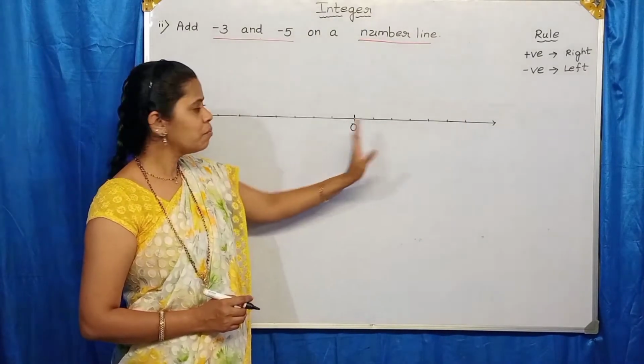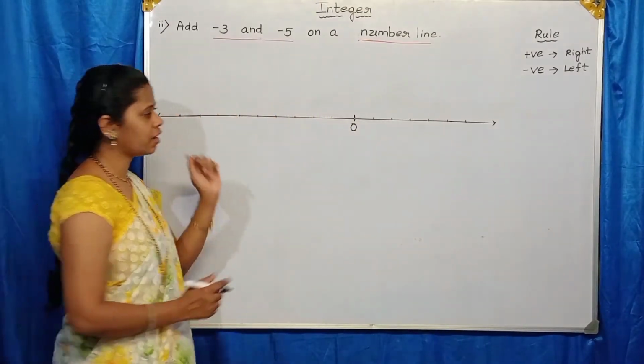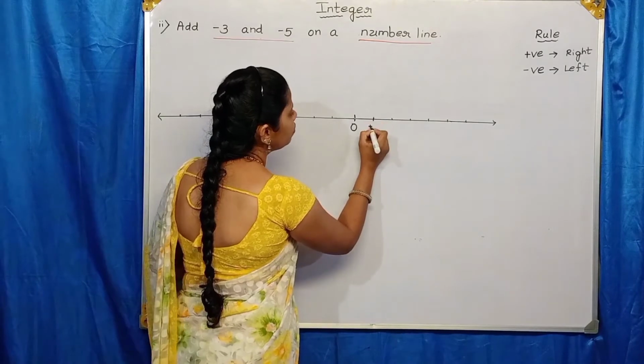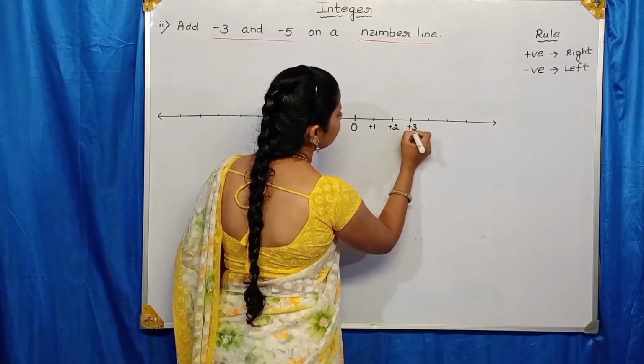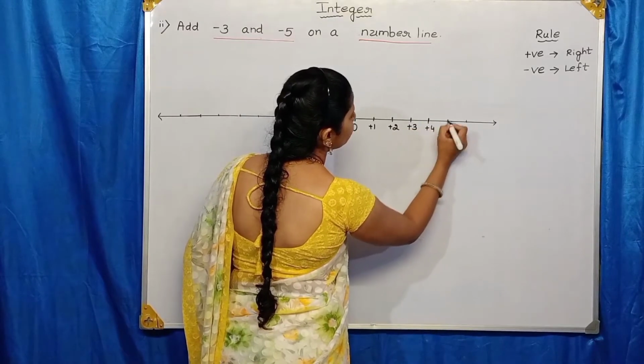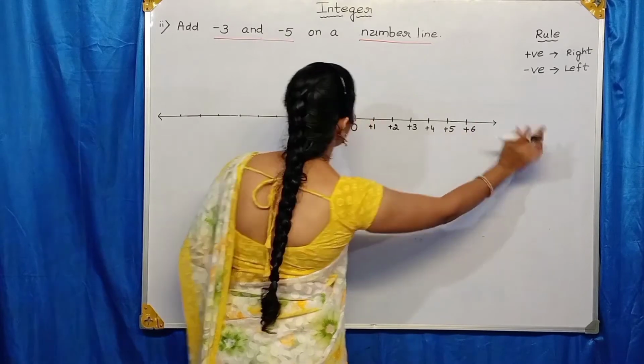Now let's write positive numbers on the right side and negative numbers on the left side. Plus 1, plus 2, plus 3, plus 4, plus 5, plus 6 and so on.